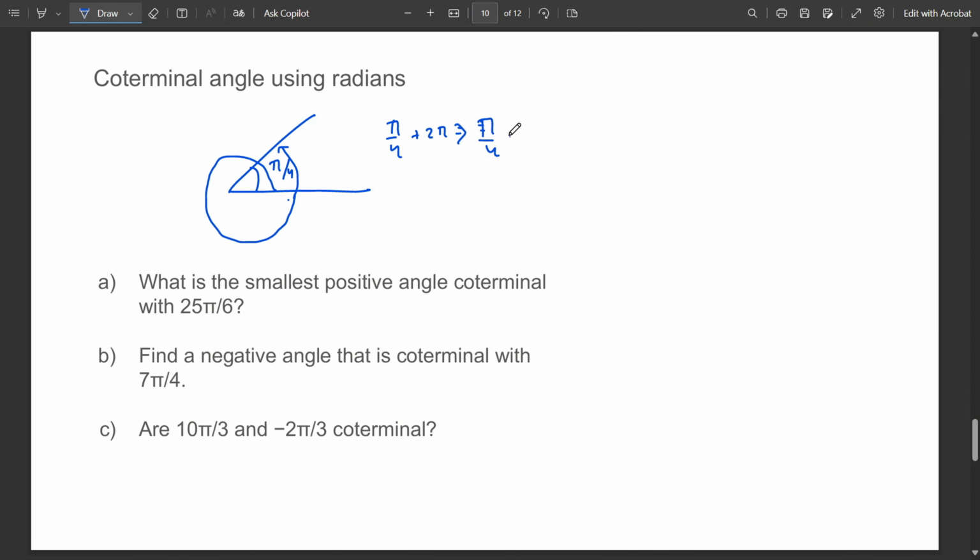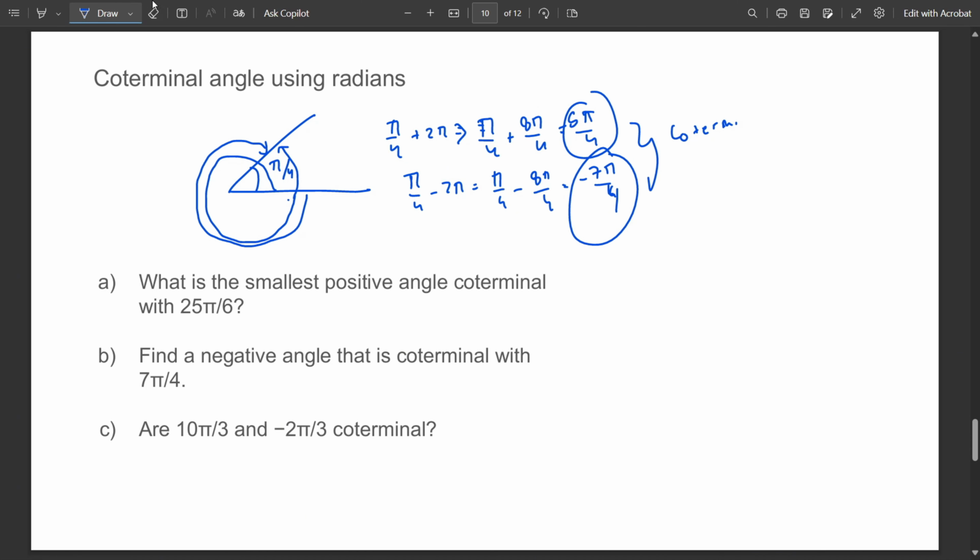And also clockwise to here, pi over 4 minus 2 pi. We will have pi over 4 minus 8 pi over 4, negative 7 pi over 4. And these are coterminal angles to pi over 4.